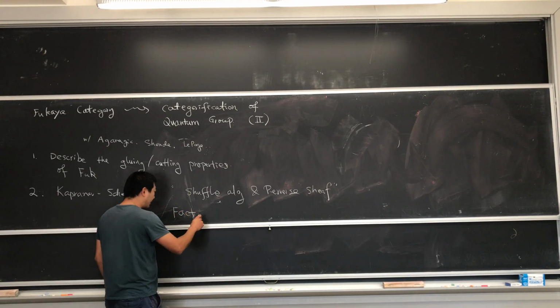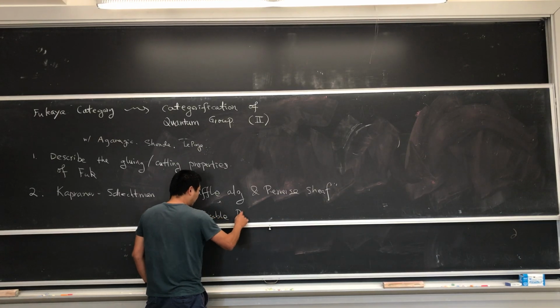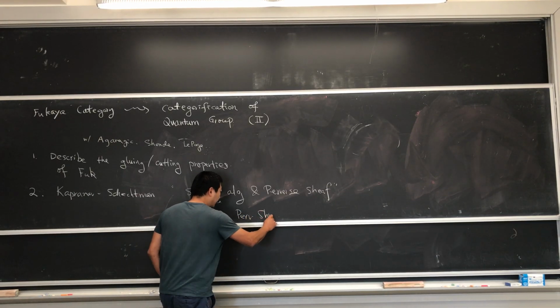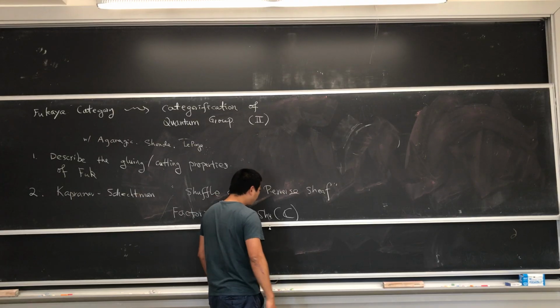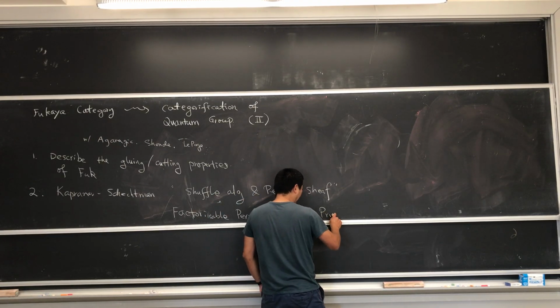And they proved that factorizable perverse sheaf C is equivalent to this primitive bialgebra.